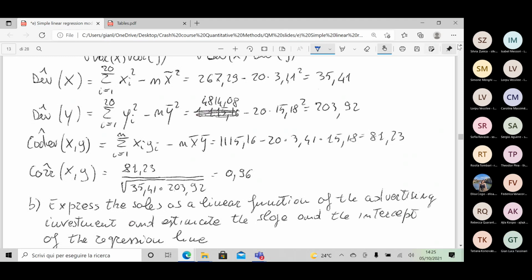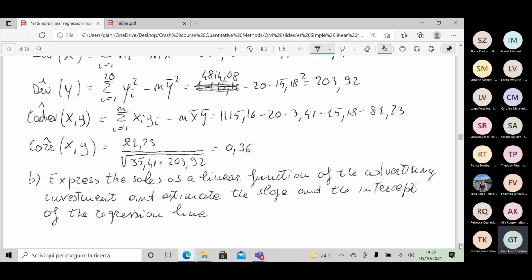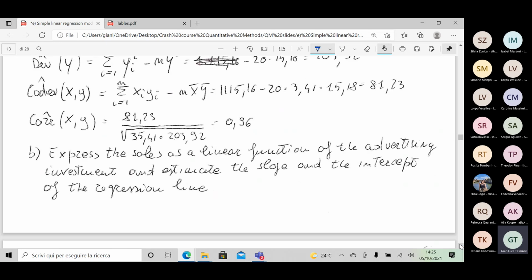Then second question: express the sales as a linear function of the advertising investment and estimate the slope and the intercept of the regression line.